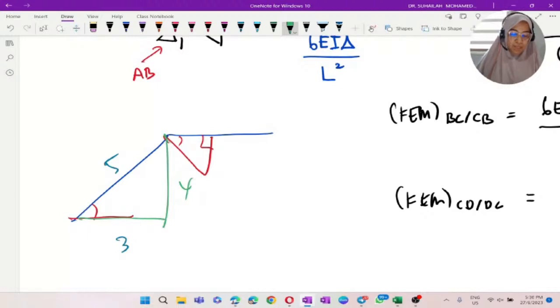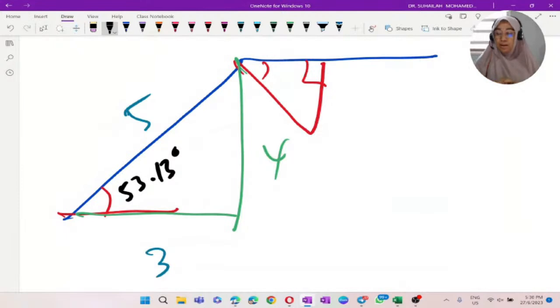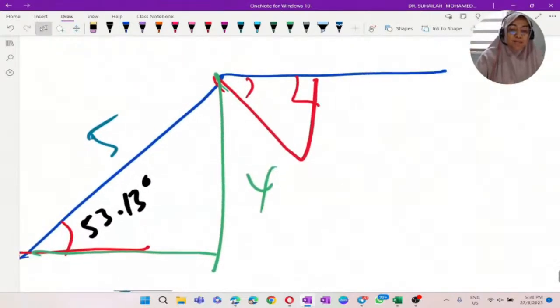So it is 53.13. This is the basic fundamental of mathematics, where from this diagram we should identify the 53.13 in the triangle.